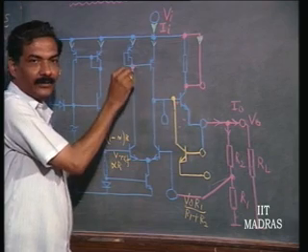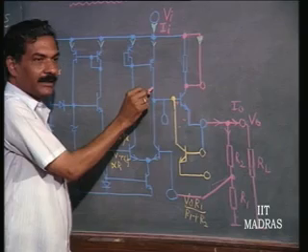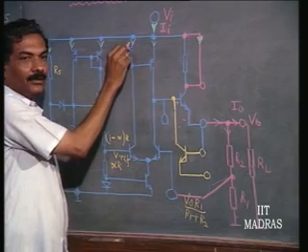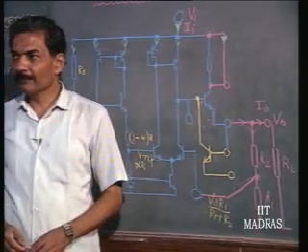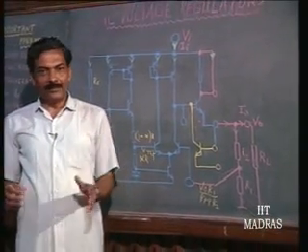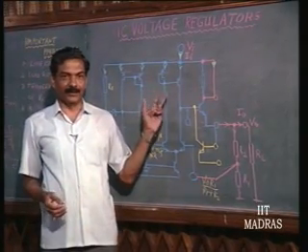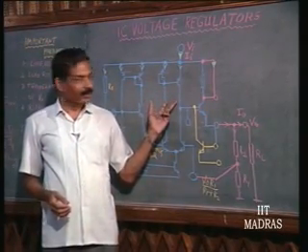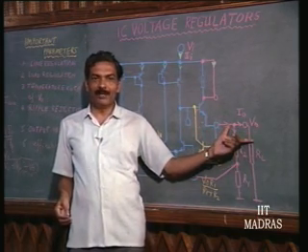So, this can be 0. Right. So, if this can be 0, there is one more V gamma. So, you have 2 V gamma. Whatever you do, it cannot be made less than 2 V gamma for this circuit. Now, if you put a Darlington pair here, it will become 3 V gamma.